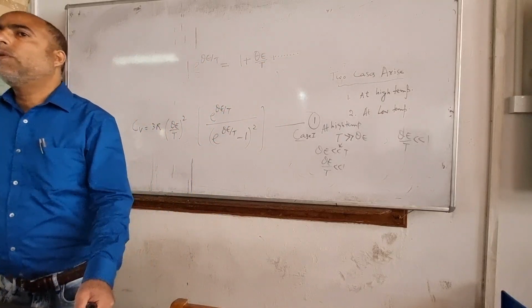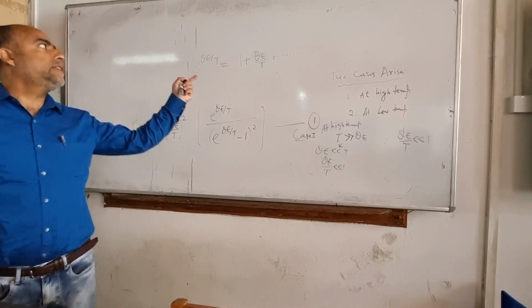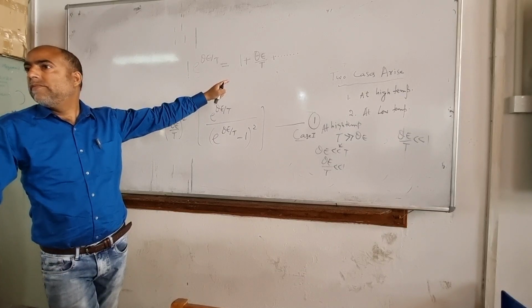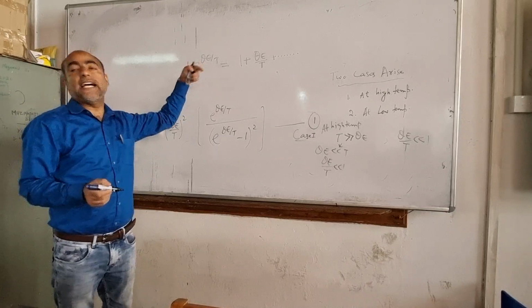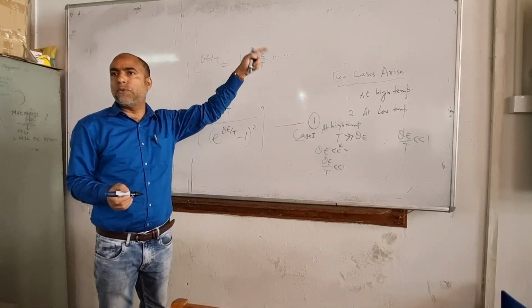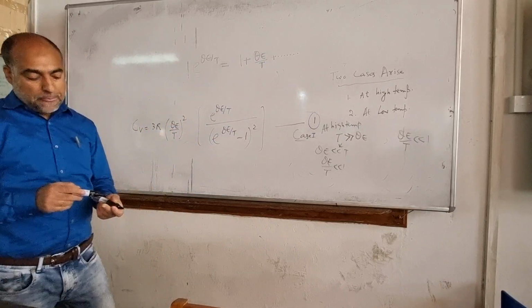Very good. e raised to the power x is 1 plus x plus x square by 2 factorial and so forth, with x as theta_E by T.